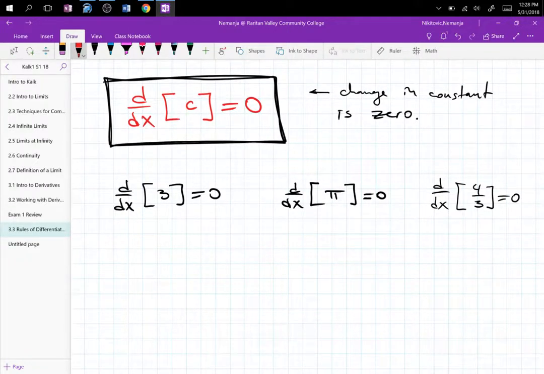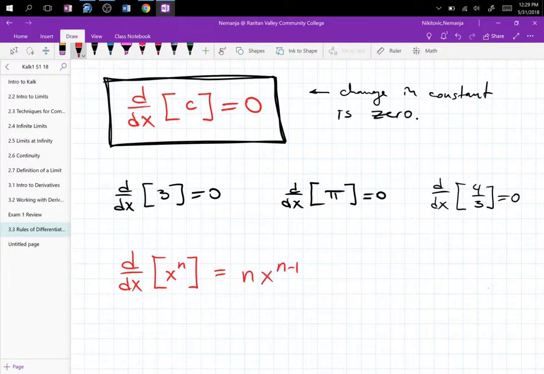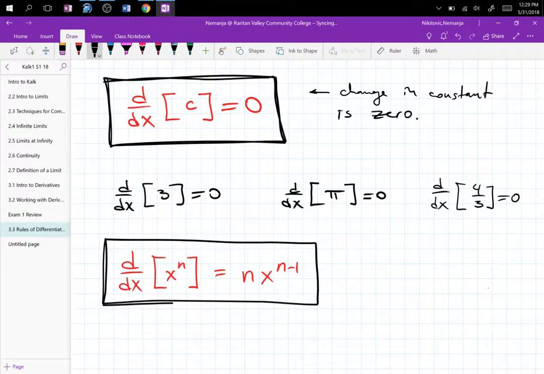The second rule, which you are going to memorize, is an extremely important and very frequent rule that you will use, and that is the derivative of x to the n. So the derivative of x to the n gives us n x to the n minus 1. Now, this rule includes a lot of stuff.